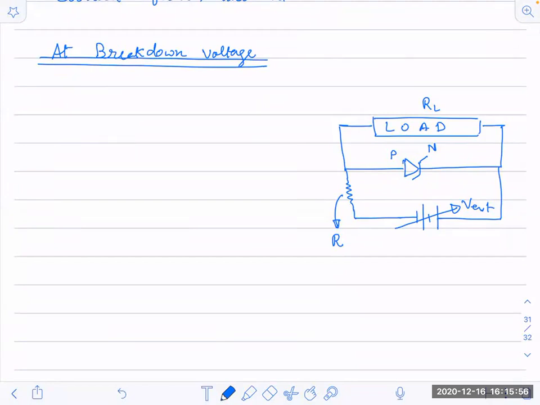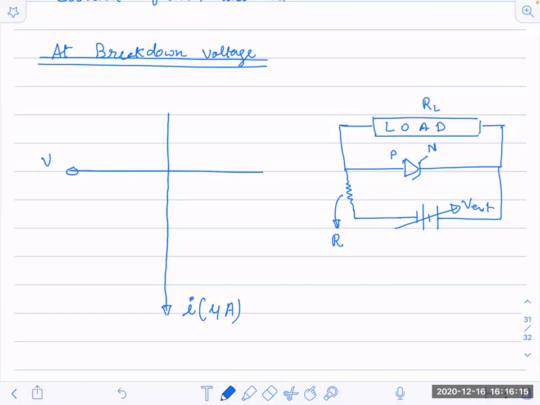So what was the circuit here? What was the characteristic that we had drawn? Try to analyze this using that. This is current in microamperes, and this is the voltage.